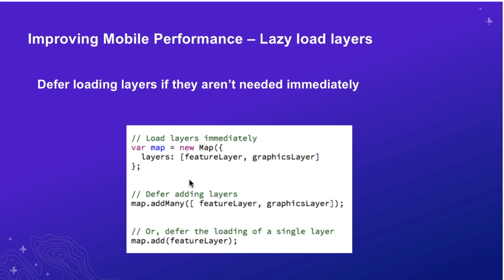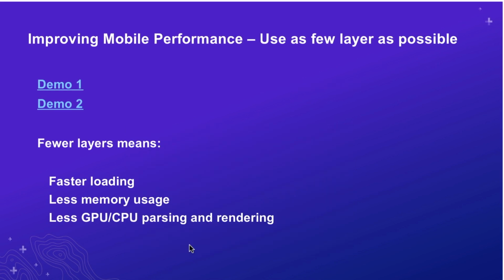If a user doesn't need a layer till later, then you can defer it by simply using map.add as shown here with an array of layers, or map.addMany with an array of layers, or just map.add to add a single feature layer, and it'll load it on demand when you need it without having to load it up front.